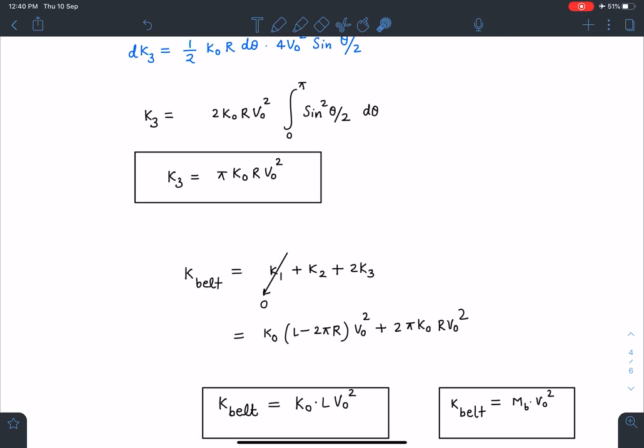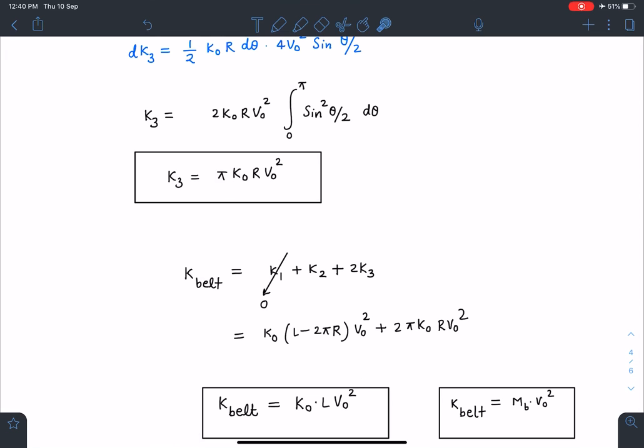The total kinetic energy of the belt will come as the mass of the belt, which is K naught L, into V naught square. So a very simple result: K naught L V naught square is the kinetic energy of the belt.